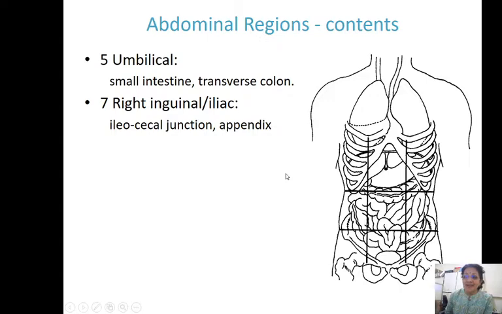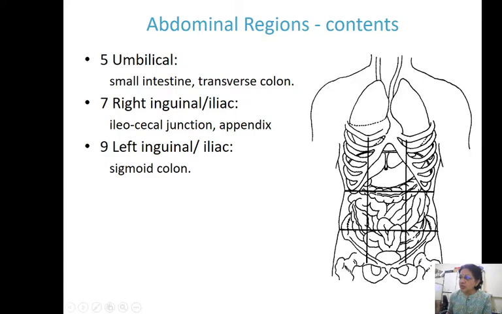That's important for those of you who have had your appendix removed. You know that is where your surgery would have been. The left inguinal or iliac region is the corresponding side, the 9th region. There's no ileocecal junction here, so there is no appendix, but you have the sigmoid colon, part of the large intestine.